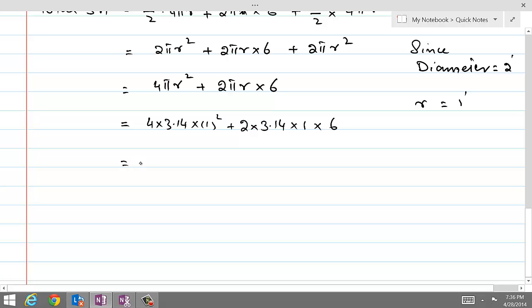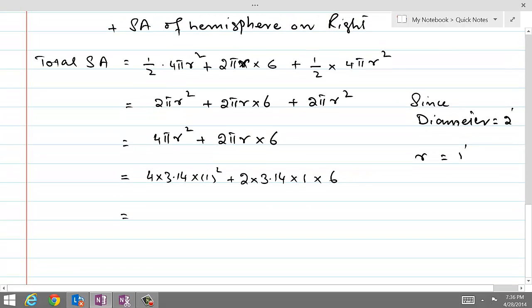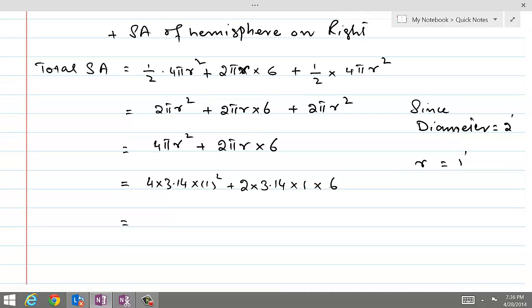This is equal to 4 times 3.14, pi r squared. So 3.14 times 4 is equal to 12.56.